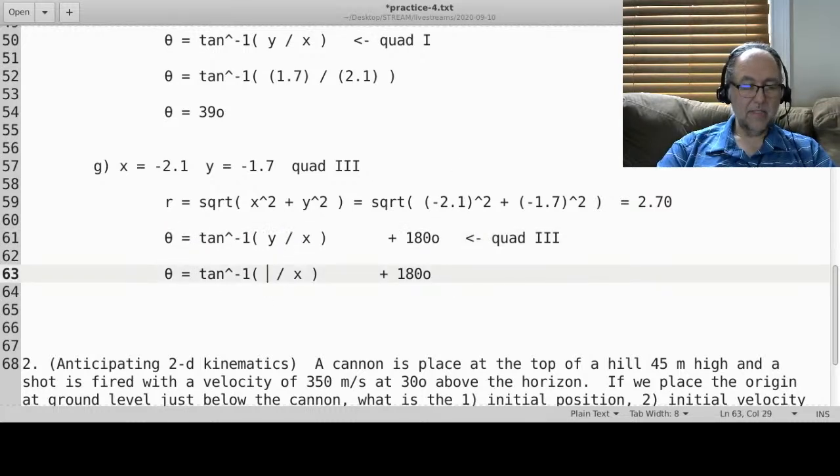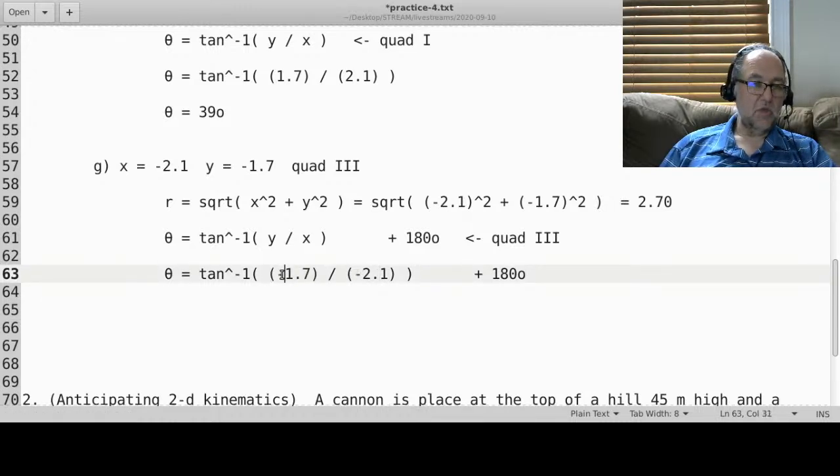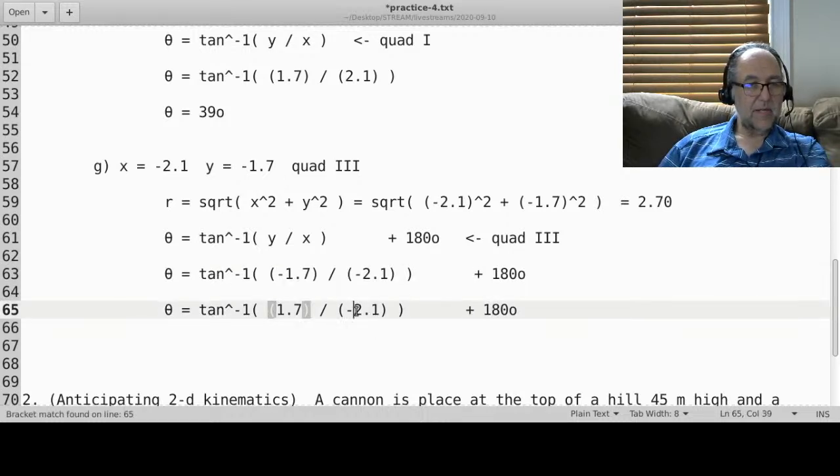For y I'm going to substitute in negative 1.7, and for x I'm going to substitute in negative 2.1, like that. Now you'll notice that you have a negative number in the numerator, and a negative number in the denominator. But when you have a negative divided by a negative, the negatives cancel. And so what I could do on the next line is I can just take out the negative signs there, like that.